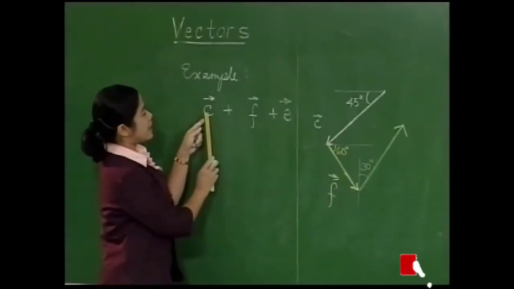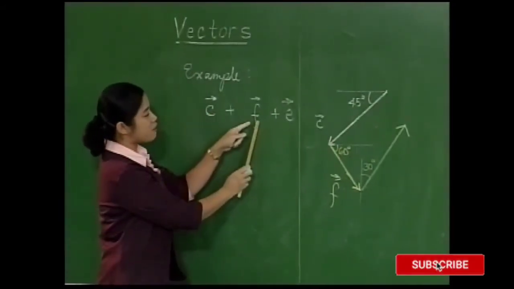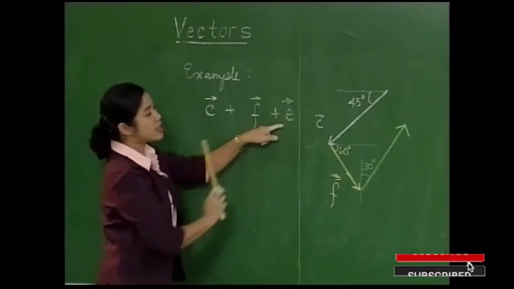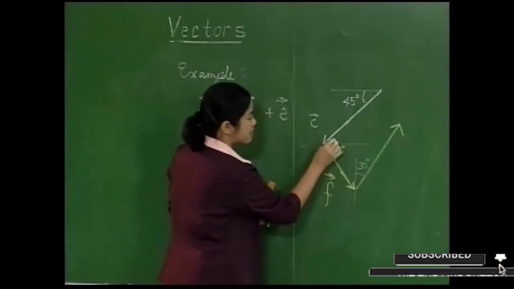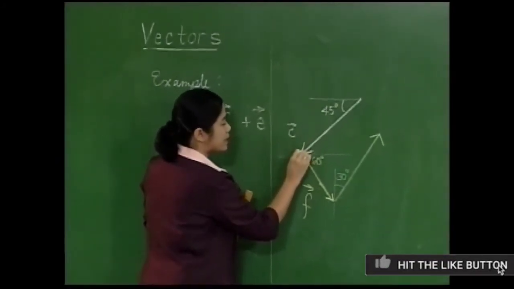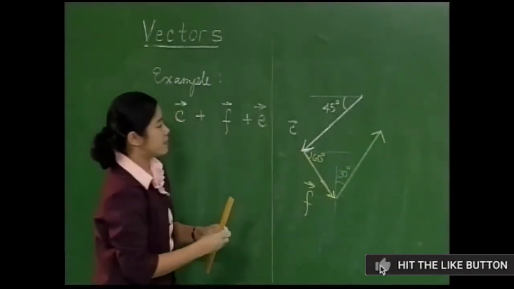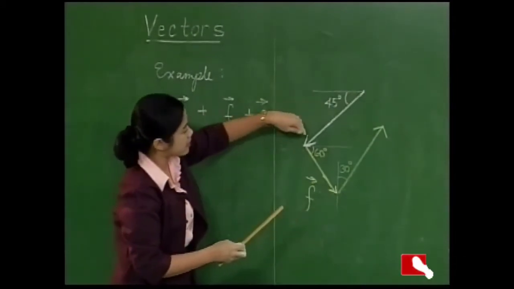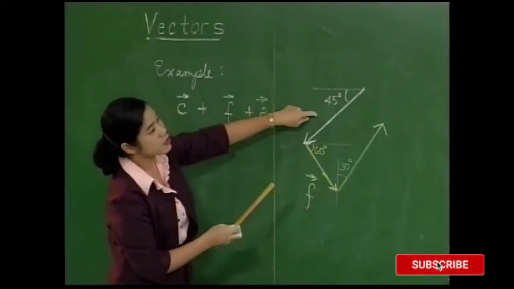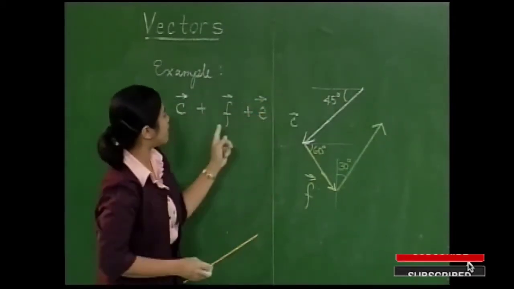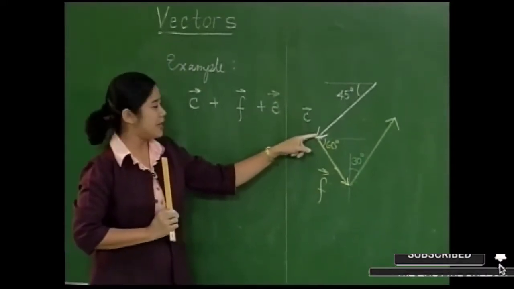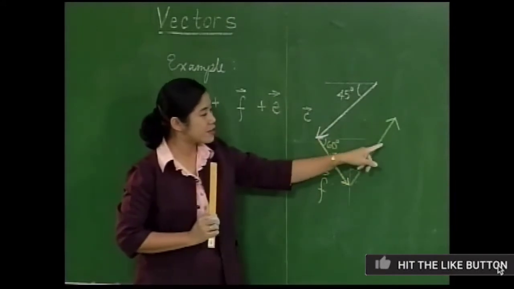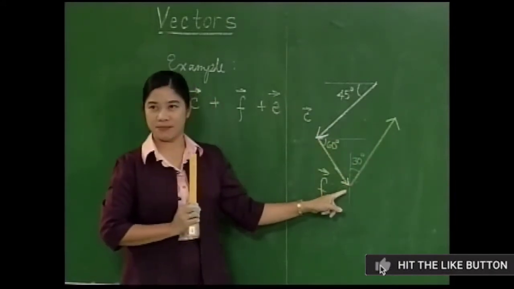So, you have here vector C plus F plus E. Using the tail to tip method, I take the first vector C, make sure I have the correct length. This is vector C. Length should be 30 centimeters. Now, I take the second vector, the tail to the tip, and then I take the third vector, connect again the tail to the tip.